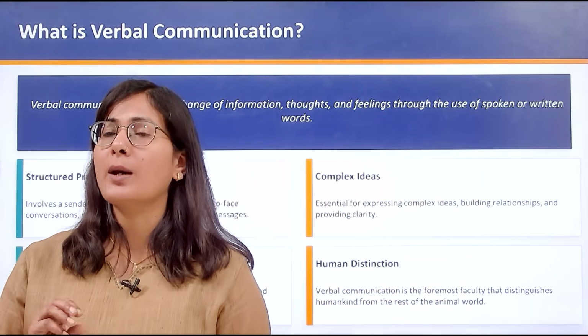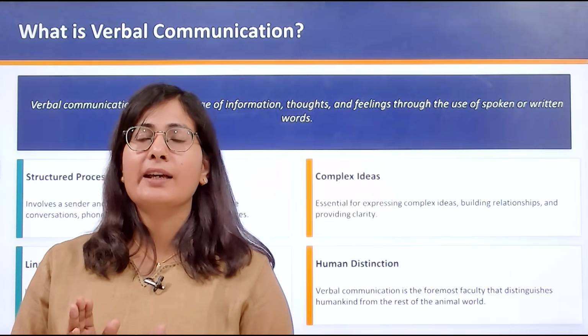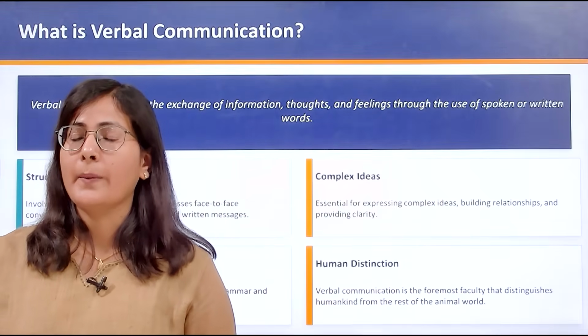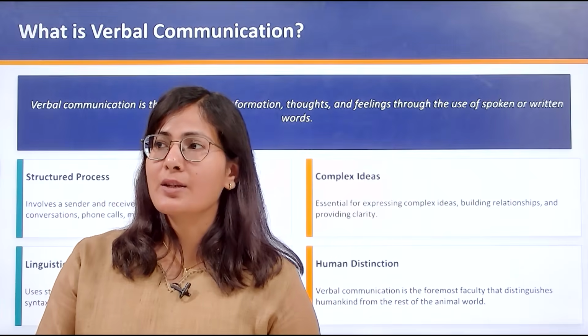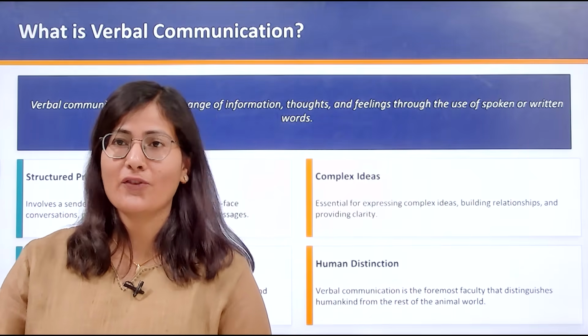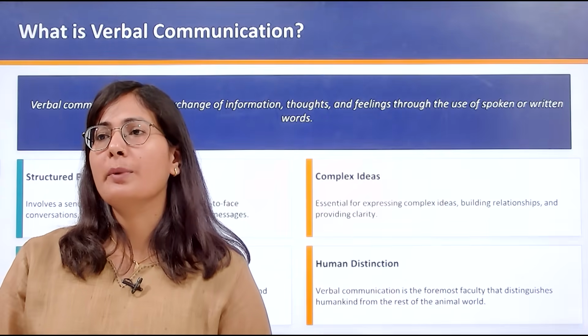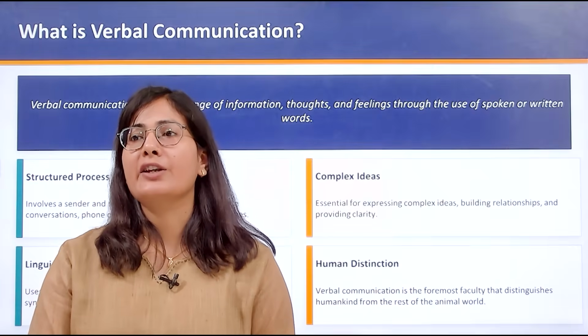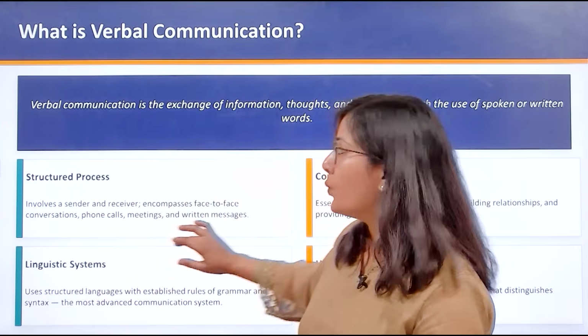So you will have to follow a very structured form which is universal for all. This is also the process which makes human beings distinct from animals. Verbal communication is the foremost faculty that distinguishes mankind from the animal world.